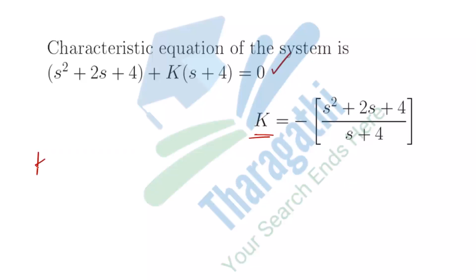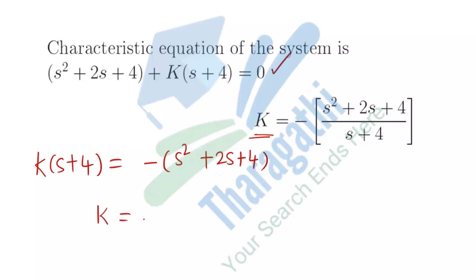From this, we can write K(s + 4) = −(s² + 2s + 4), or K = −(s² + 2s + 4) / (s + 4).